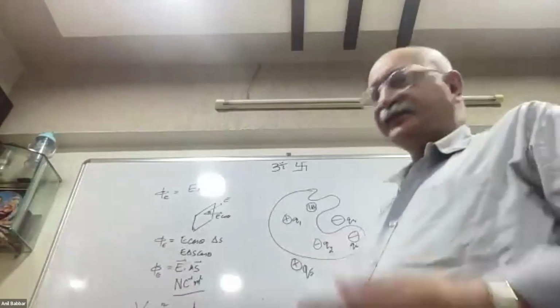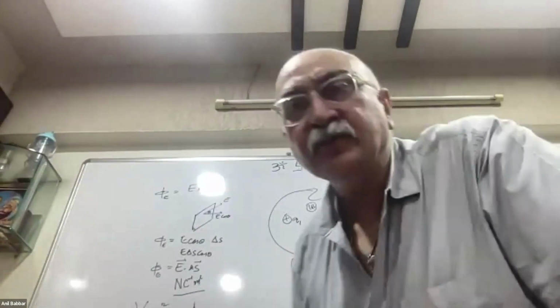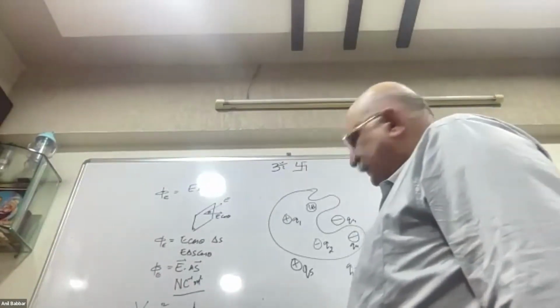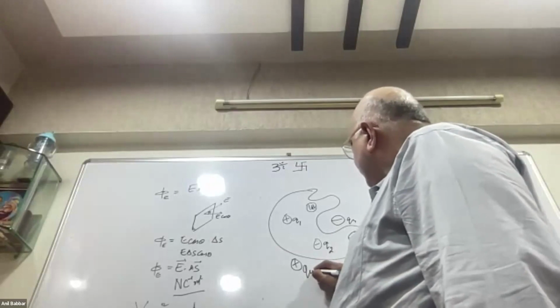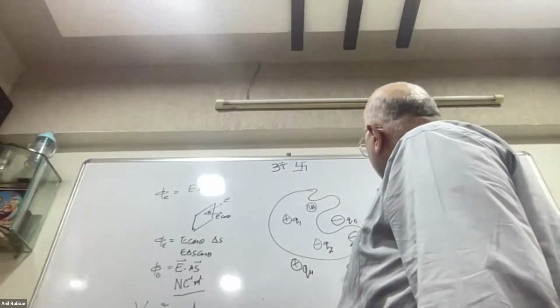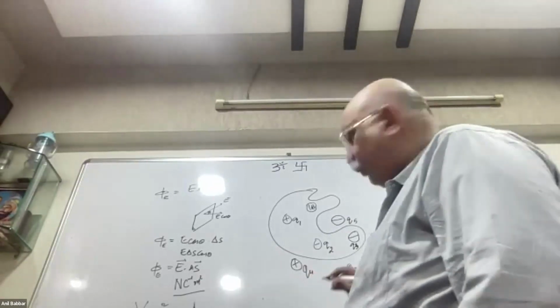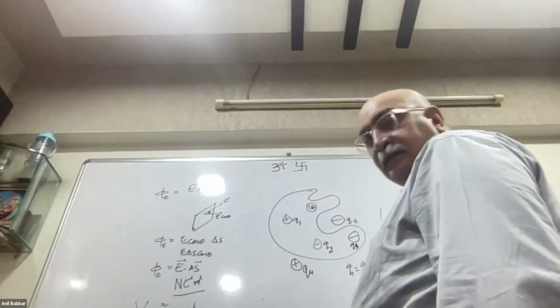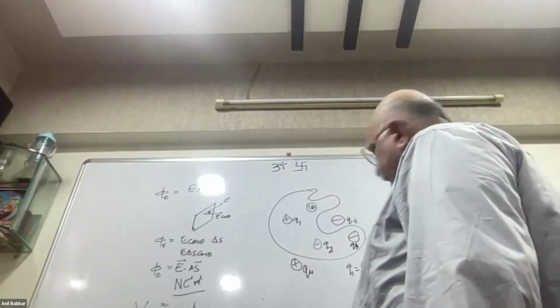The magnitudes of these charges: Q1 and Q4 are equal to 3.1 nanocoulomb.